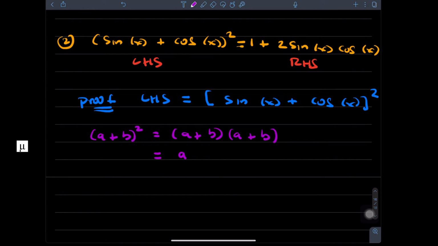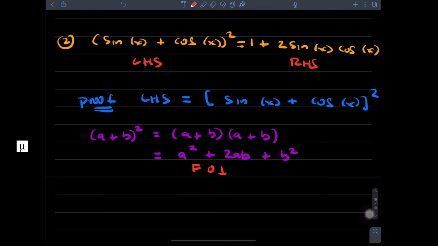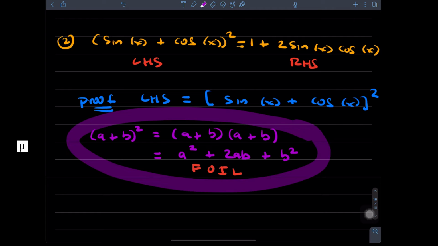So what do we have here? Now we have a squared plus 2ab plus b squared. We get this by what's the process known as? FOIL. Do you guys remember this from beginning algebra? Okay, so far so good.